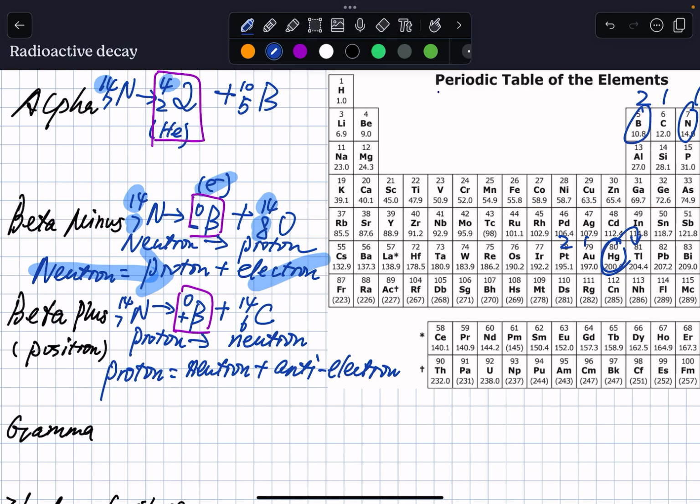So proton is +1, neutron is 0, anti-electron is +1. So this makes perfect sense. So you know the beta particle that I emit is just an anti-electron thing that has a +1 charge, right? So once I get rid of this, I really turn the proton into the neutron, okay?